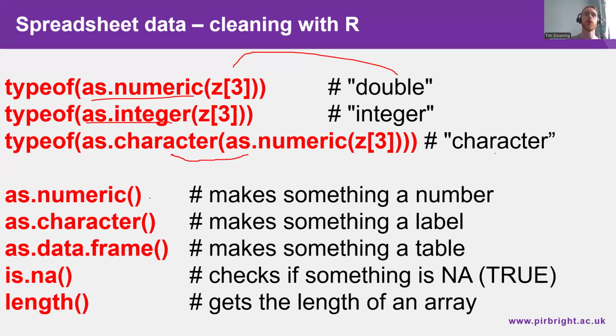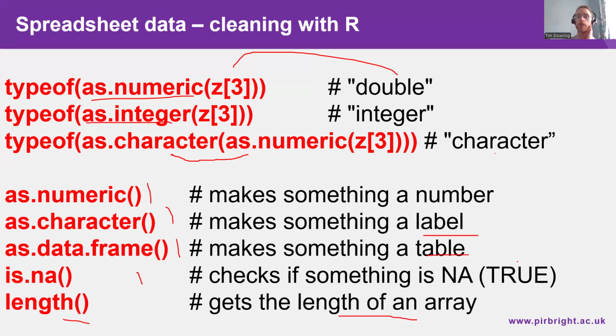So we can use these functions to create something as numeric in case it is not read in as a number, as a character, which is like having a label, or as a data frame, which makes something into a table. We can check if something is NA, and it returns true if it is NA, or false if it is not NA, and length gives us the length of the array.